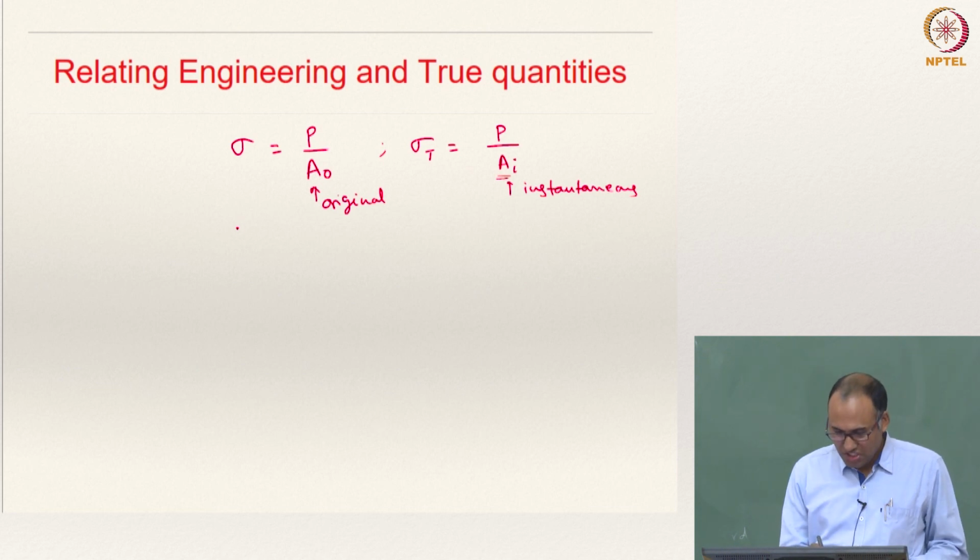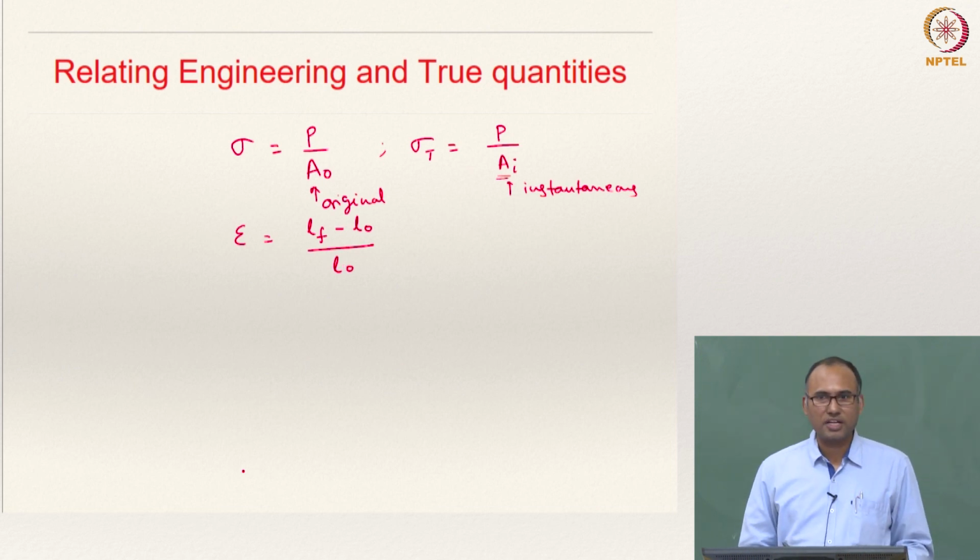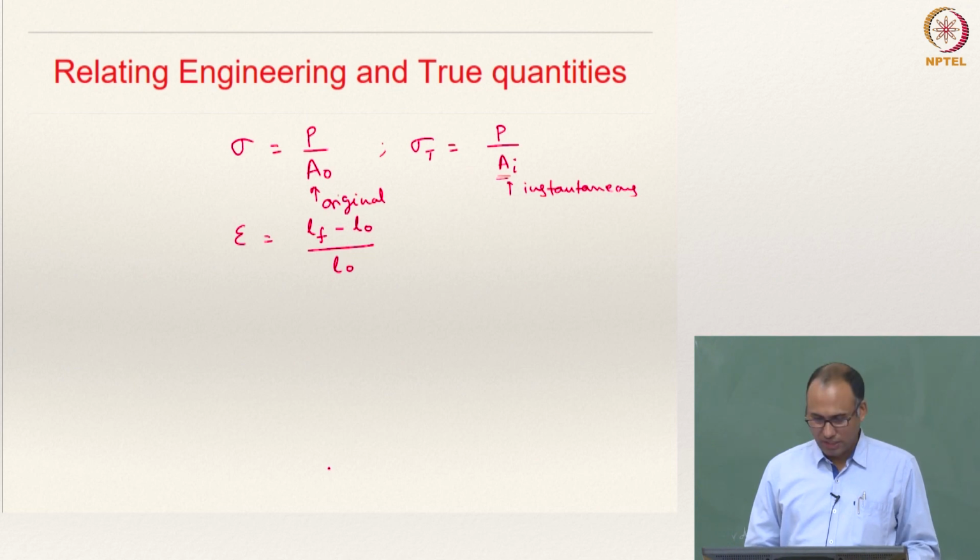And then your strain is defined as, let us say, final length minus initial length divided by initial length. That is the definition of your strain, right? Change in length to the original length.